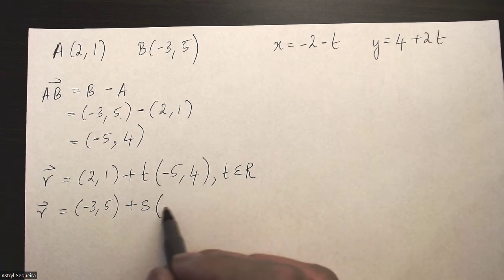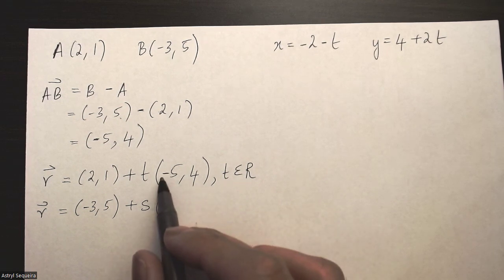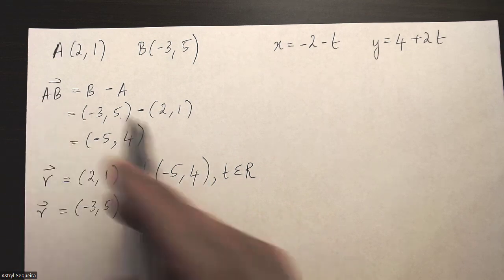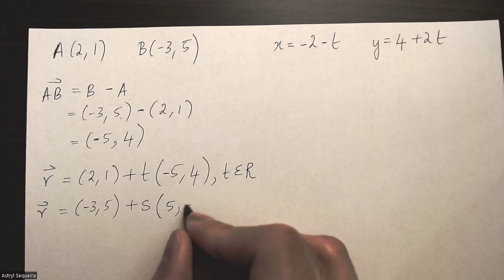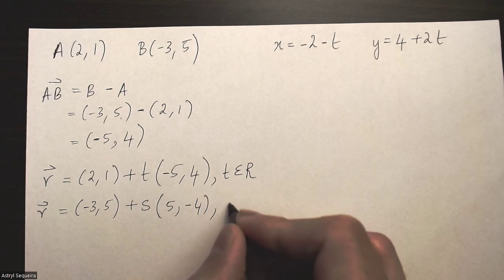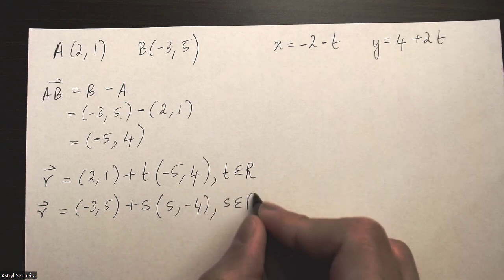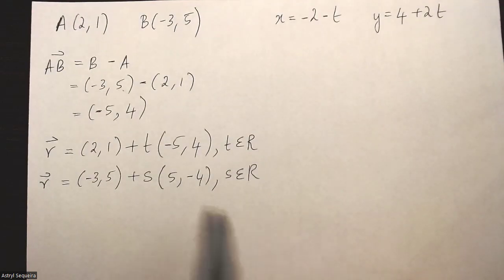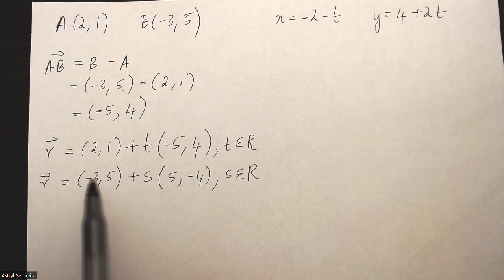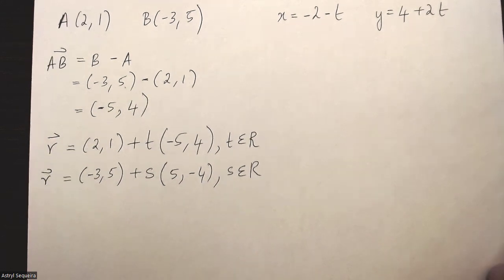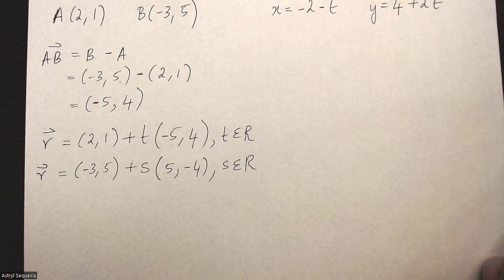And I can put the same direction vector, or I can even switch it to BA, which is just switching the signs of these two. So it'd be (5, -4). Then I'll put s as an element of all real numbers. So I could have either changed the point or changed this. I didn't have to change both, but I just showed you that in this case, it's possible to change both as well.